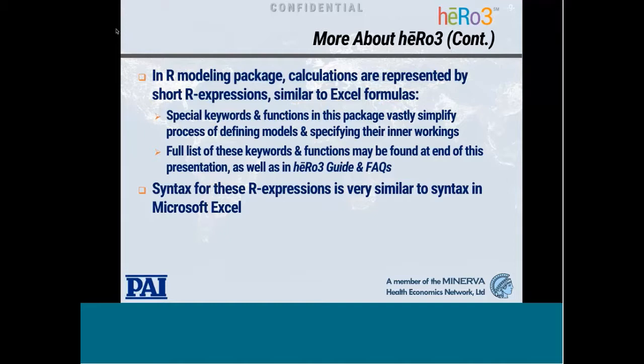And within those short R expressions, we have a set of special keywords and functions which can be used to vastly simplify the process of defining certain aspects of your model, for example, the creation of tunnel states within a Markov model. And we'll see some examples of how those keywords and functions can make complicated things simple later in this presentation. However, I'd note that a full list of those keywords and functions is found at the end of this presentation, and we'll circulate it afterwards so you'll be able to reference it.